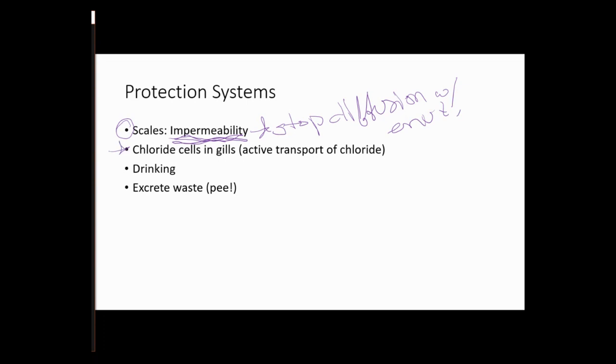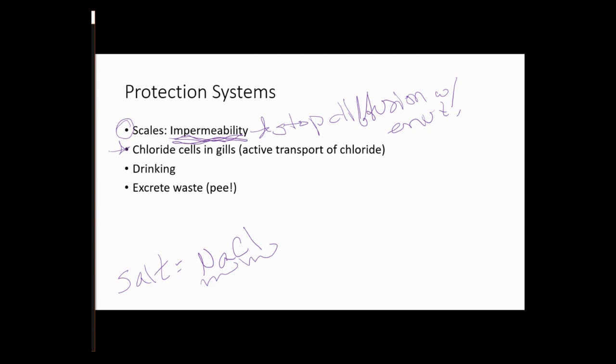So remember when we're talking about salt, I'll pull out some chemistry: salt is sodium chloride. When we're looking at chloride cells, these are a very specific type of cell that are present in the gills of the fish. So this is part of their respiratory organ.